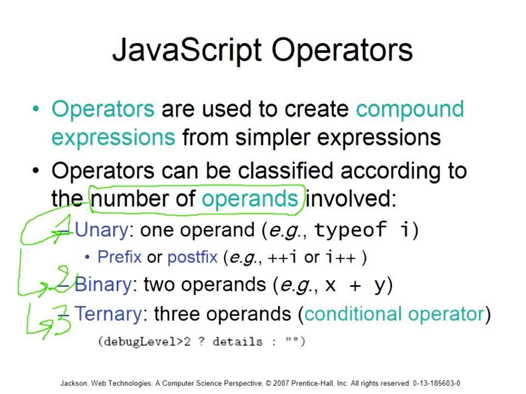For example, in a conditional operator, this is the first operand, this is the second, this is the third. This statement is equivalent to writing: if debug level is more than 2, the value is details, otherwise the value is an empty string.